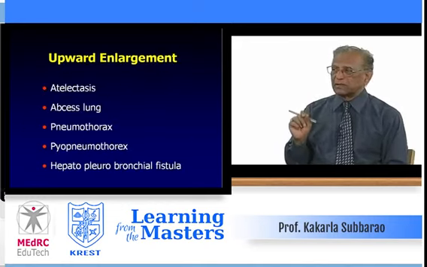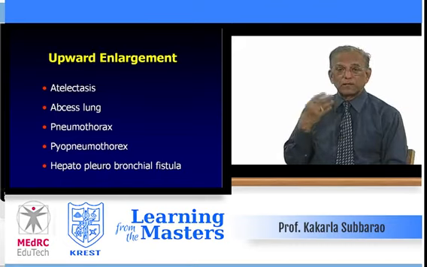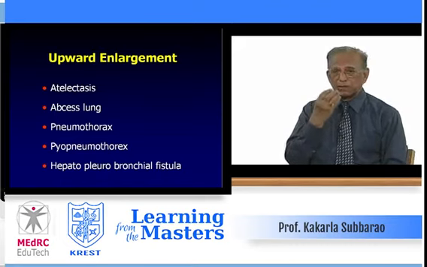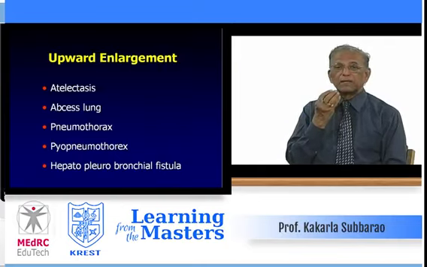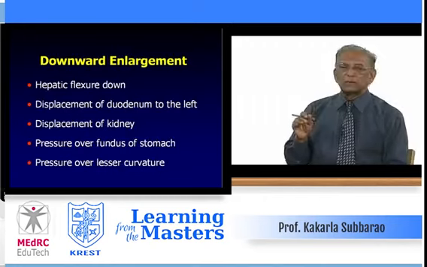Basal pneumonitis, atelectasis because of the breathing problem, diaphragm does not move. The abscess of the lung, pneumothorax because of the rupture, and hepatobronchial fistula. I remember 2 or 3 cases, the patient is coughing up and bringing bile-stained sputum.